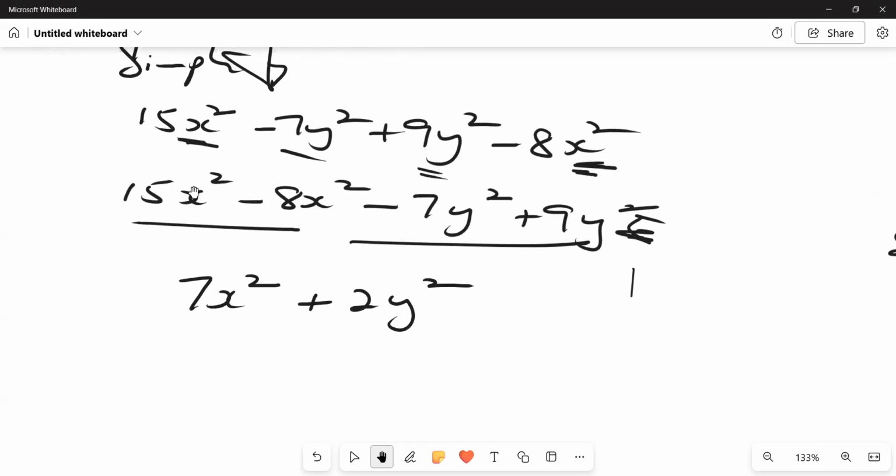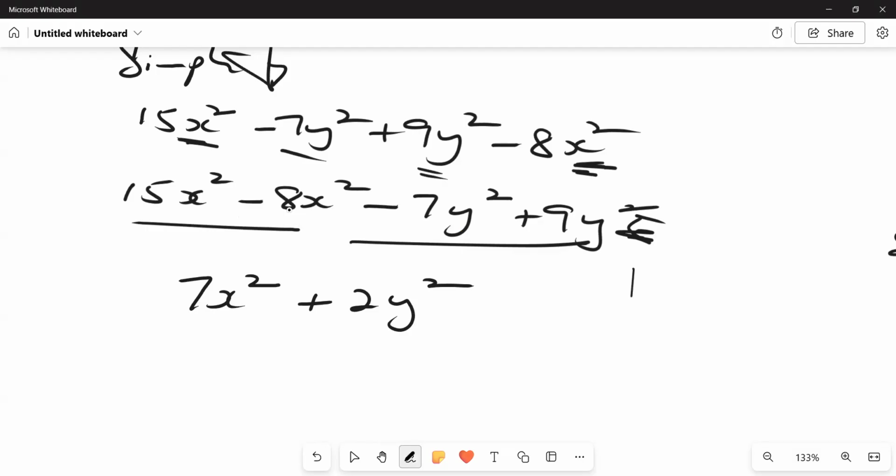Yes. You had 15x squared minus 8x squared. So what I was trying to say, if you're just leaving it, just minusing without putting 15 multiplied by 15, then you put the answer, but it's 15 multiplied by 15 and then you put back the minus sign and put 8 multiplied by 8, and then find the answer.